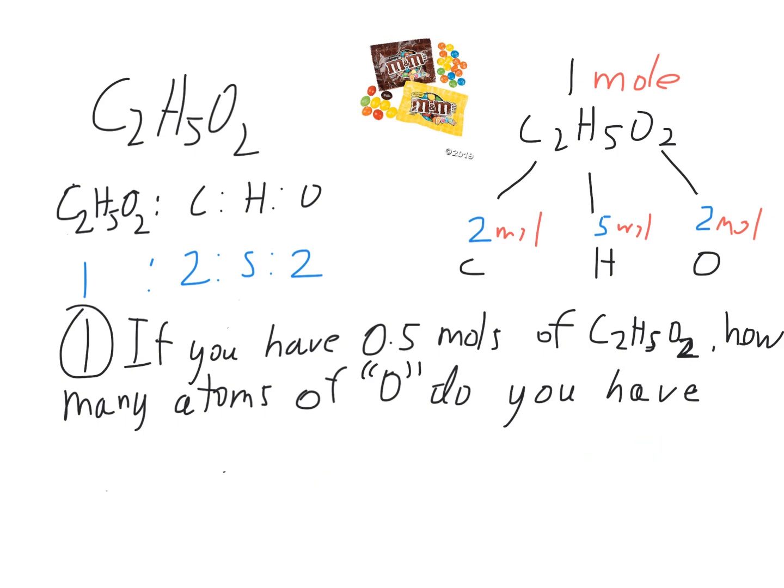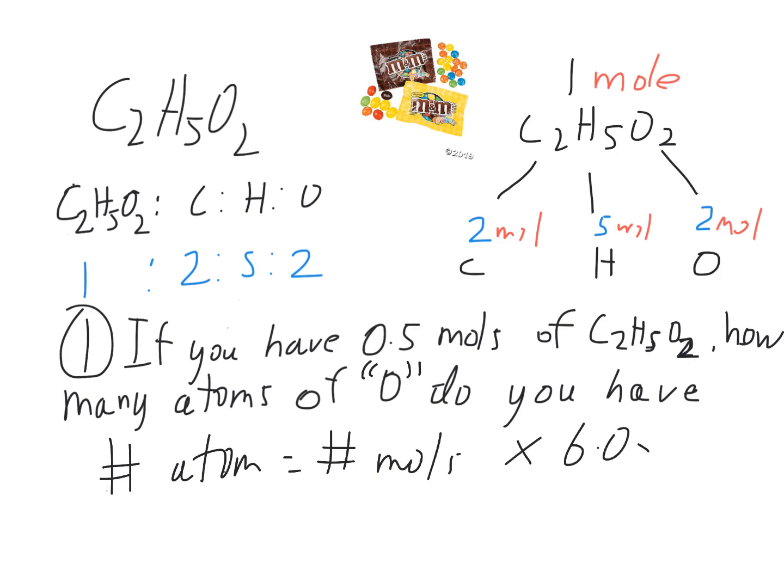The next thing you've got to do though is turn the moles of oxygen into the actual number of atoms. And to do this, we've got to bring back one of our formulas and one of our numbers, Avogadro's number. So we've got to go number of atoms equals number of moles times 6.02 times 10 to the 23.